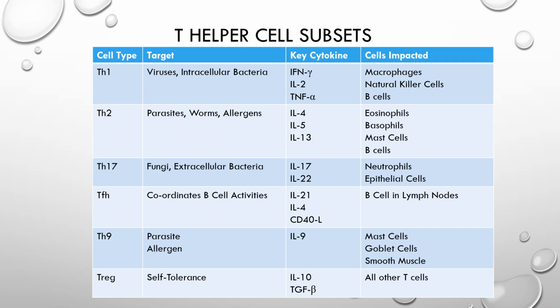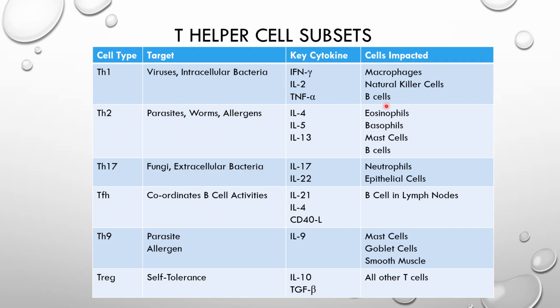So the T helper cells, now these are really important. It's important to know about these because they help, if you like. They provide the right environment, so they provide the interferon gamma, the tumor necrosis factor alpha.